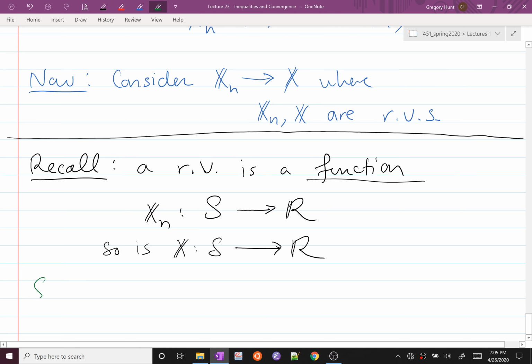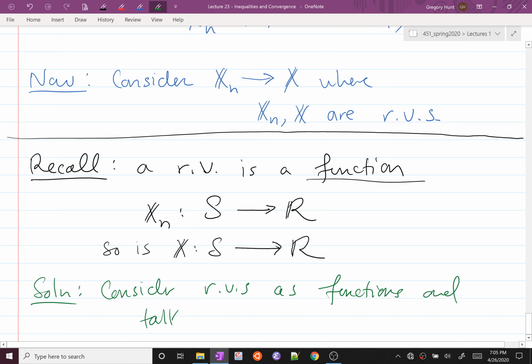So we can consider convergence of random variables by just thinking about convergence of functions. So one solution, which is not the only way to consider convergence of random variables, but one solution, is to consider random variables as functions and talk about convergence of functions.